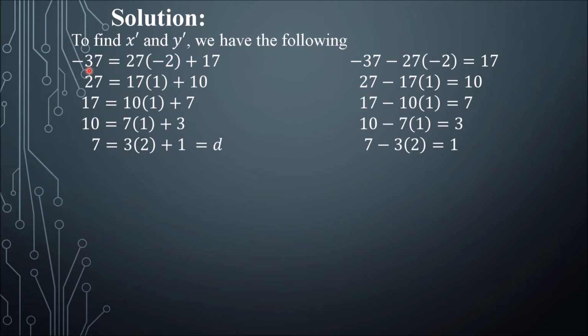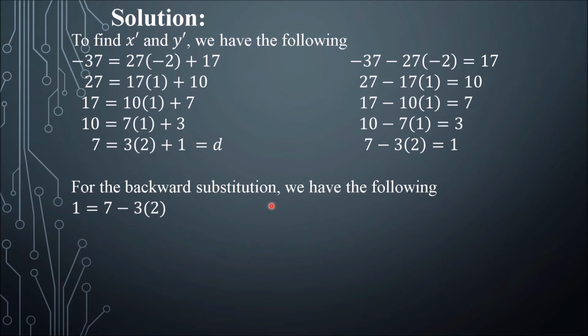So we have negative 37 is equal to 27 times negative 2 plus 17. Take note of the remainders: 17, 10, 7, 3, and 1. This last non-zero remainder is the greatest common divisor. Now, the backward approach. Negative 37 minus 27 times negative 2 is equal to 17, and so on and so forth.